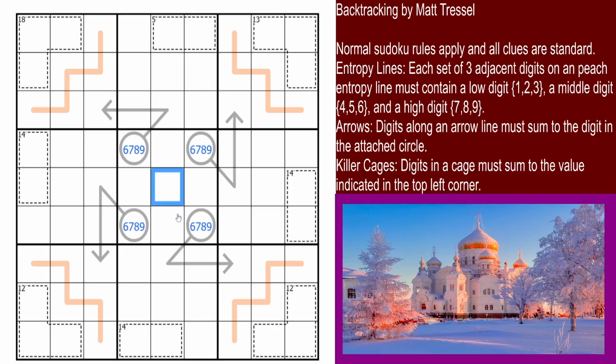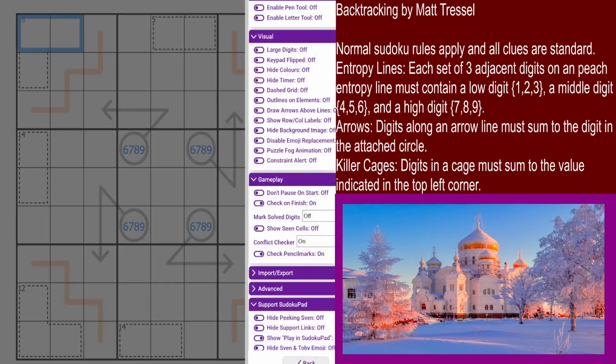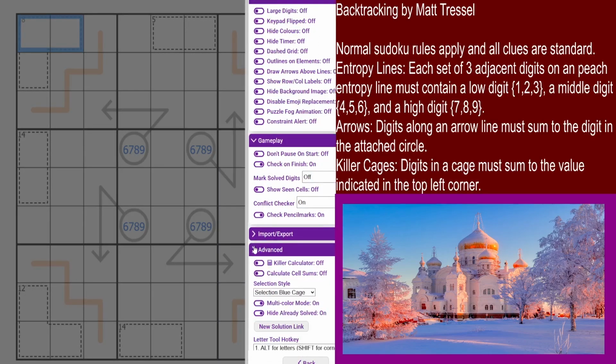What else am I forgetting? So I told you about these entropy lines and about these circles. They will come as and when this total. For this total, if you are using Sudoku Pad, I hope you know that in advanced settings there is an option to have the killer calculator on.